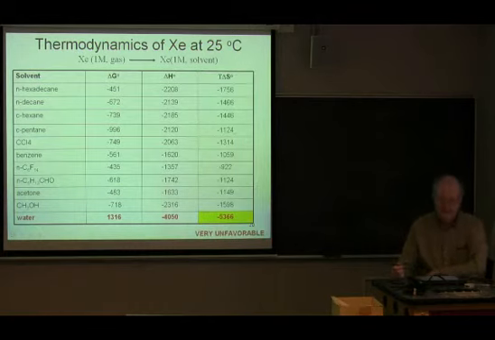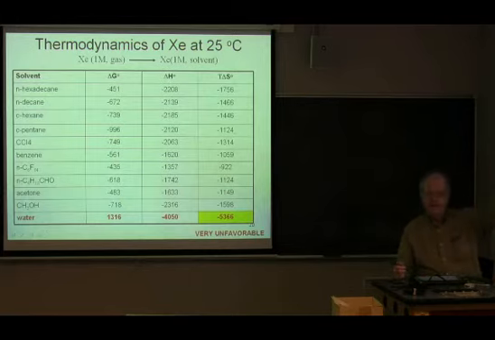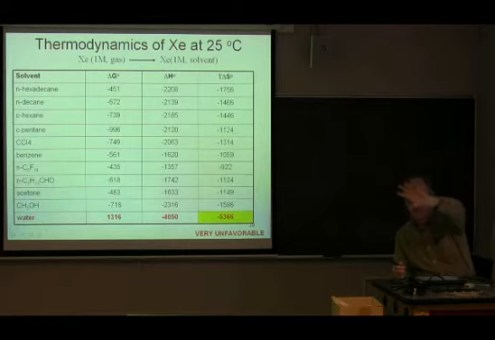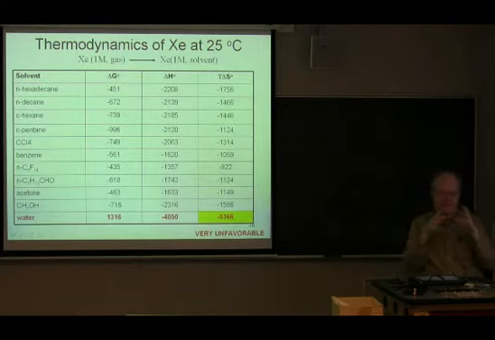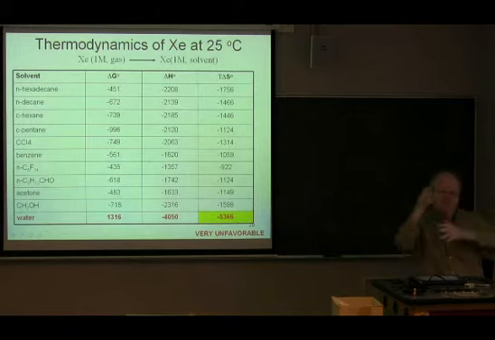Now, if we look at the entropy, all of the entropies from the gas phase into the solvent are unfavorable. Well, you know, all of these liquids are going to impede the way the xenon can move around.